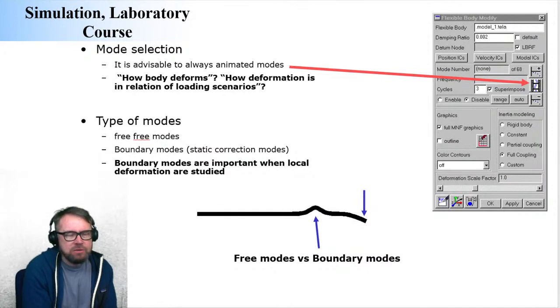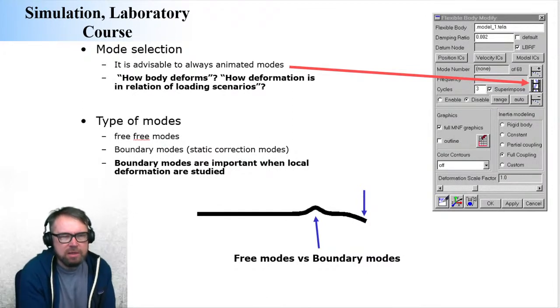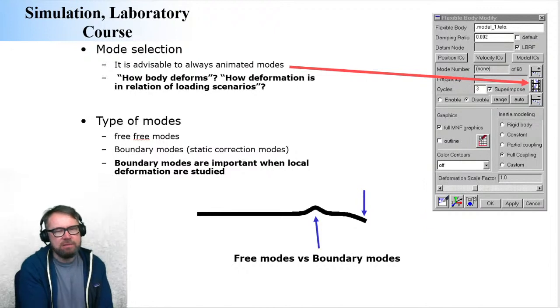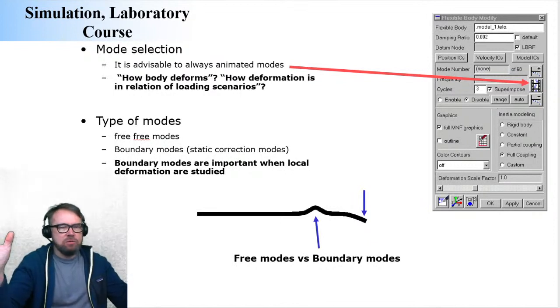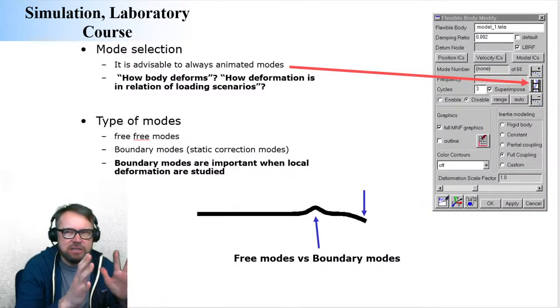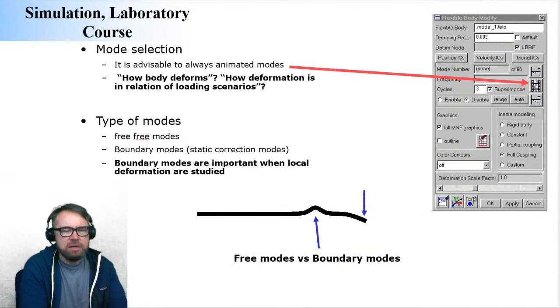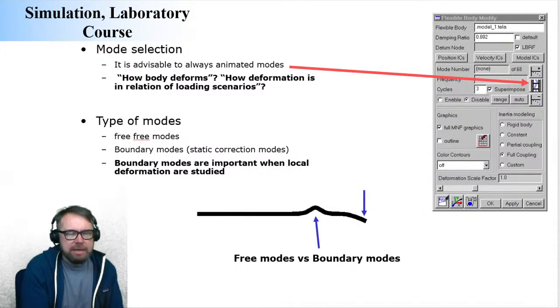And you have to understand that when you're creating those modes, the creation process itself cannot understand what the use of the modes is going to be. So it will give you a full set of modes, and then you're the ones deciding whether or not you're going to use these modes. The most important advice is to look at how the deformation mode looks, and then use your engineering sense.